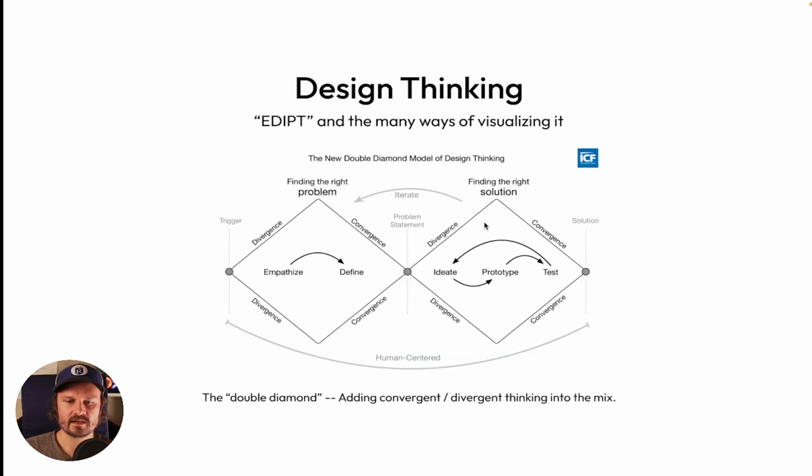And so here's a slightly larger version of the previous double diamond image. And again, it says adding convergent, divergent thinking into the mix. There's much more information on this illustration than some of the other ones, or much more text, I should say. It's a text-heavy illustration, and so on first blush, especially if you're new to the field of user experience, user interface design, this might seem a little bit overwhelming.